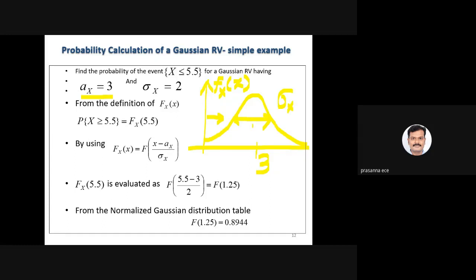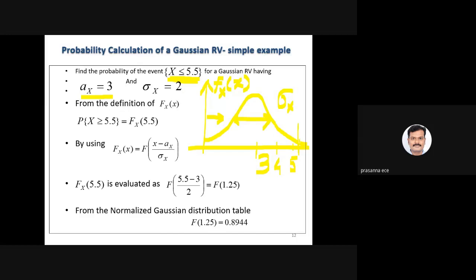Now we are asked to find the probability of capital X being less than or equal to 5.5. Where does 5.5 lie? Here is 3, maybe here we have 4, and here we have 5, so 5.5 lies somewhere here.